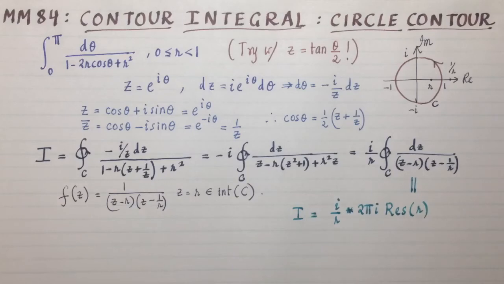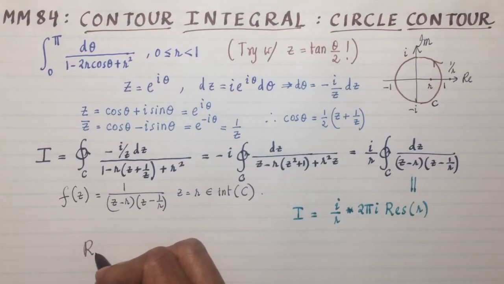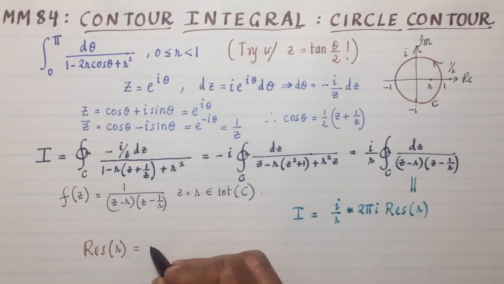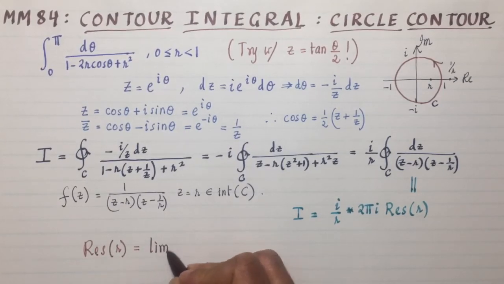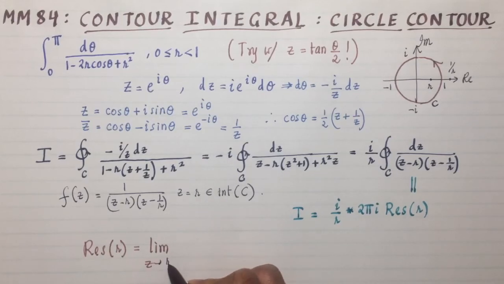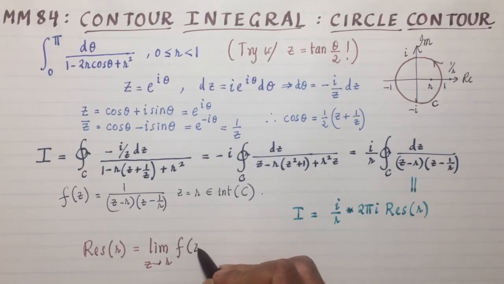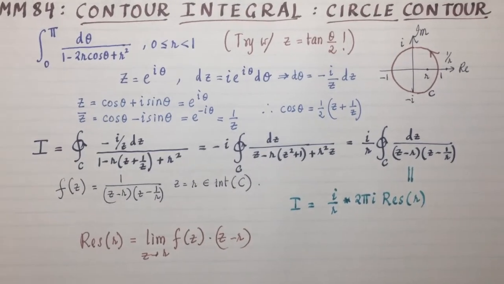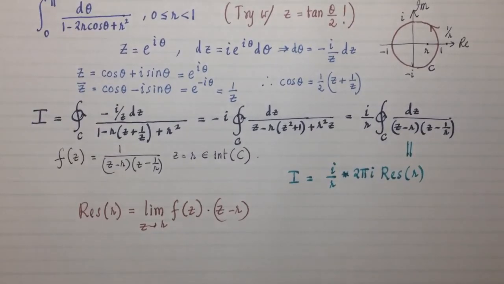So the residue at r is just going to be the limit as z goes to r of f of z times z minus r. That's what you do for a simple pole, and here it is a simple pole.